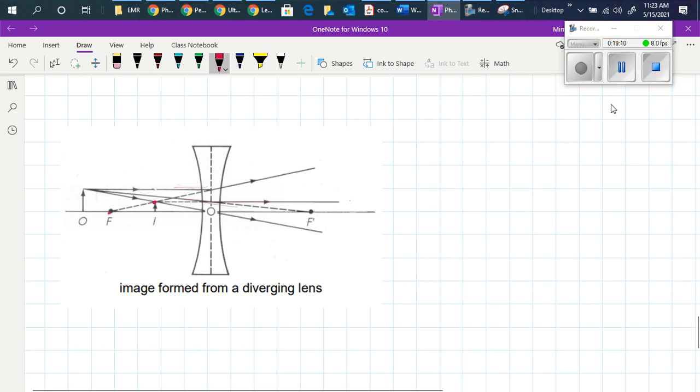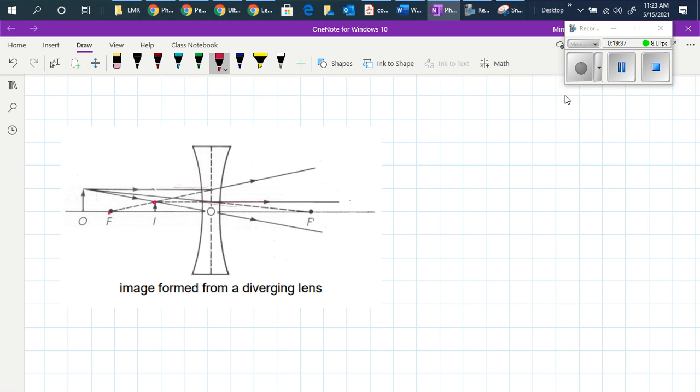Those are the rules that you have to apply. Usually for Physics 30, as I said, it's very easy. In most of the cases we have to apply only 2 or 3 rules, but just in case the third rule is like a backup for you to figure out what is the image formed.